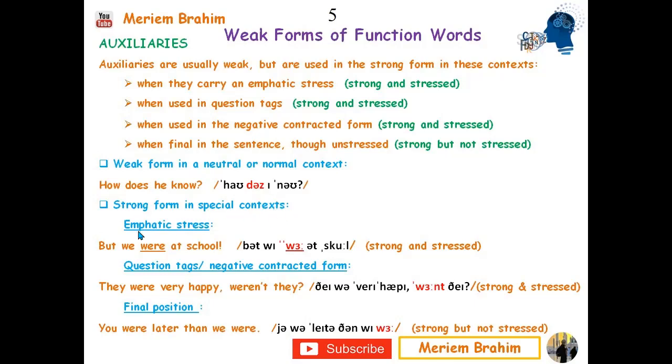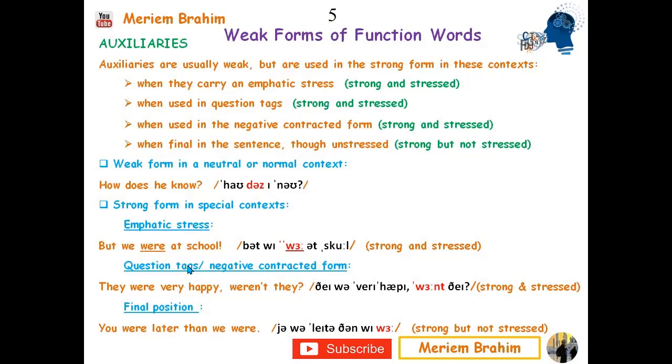The first special context is the emphatic stress. As an example, we say, but we were at school. We were at school. Here the auxiliary "were" is strong because we want to put the emphasis, to insist that we were at school. So here it is strong and stressed.